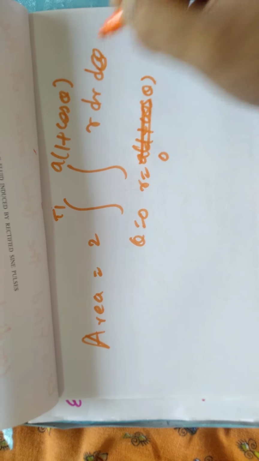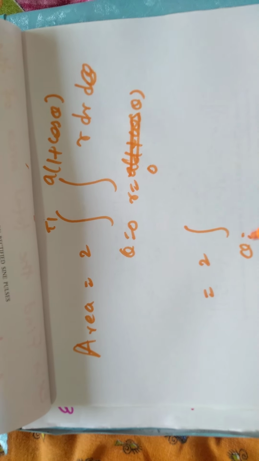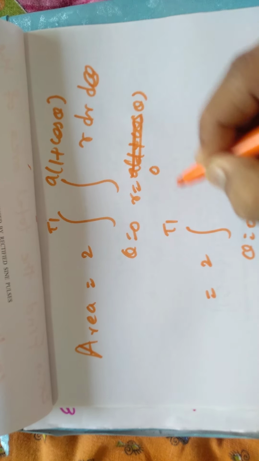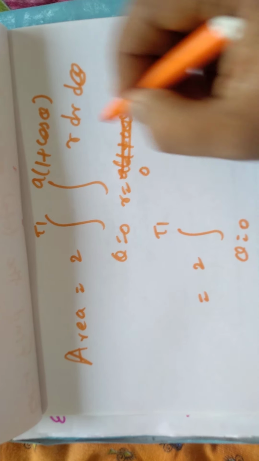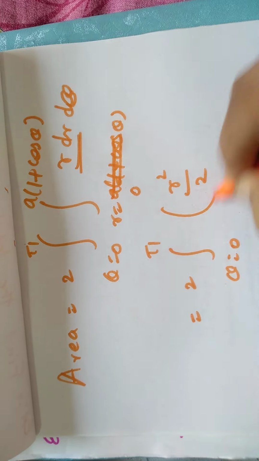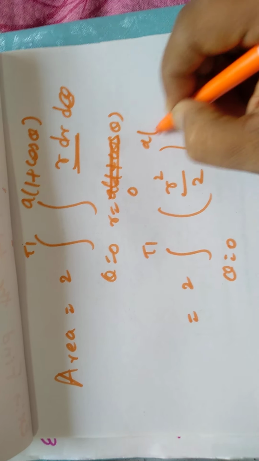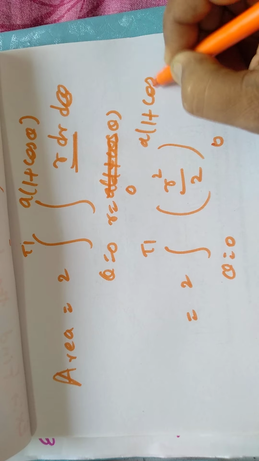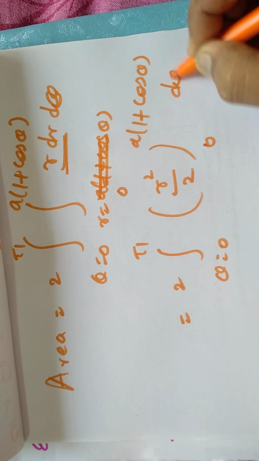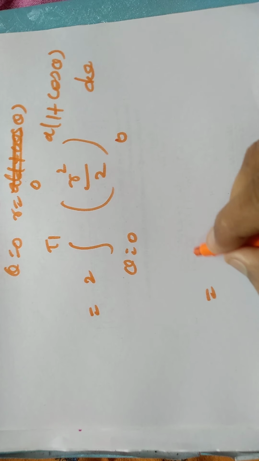Now, as the limits of r are in terms of theta, the order of integration is with respect to r first and then with respect to theta. So with respect to r, let us integrate. Integration of r is r square by 2. r varies from 0 to a into 1 plus cos theta, d theta. 1 by 2 is constant, we can take it outside, so it cancels with this 2.